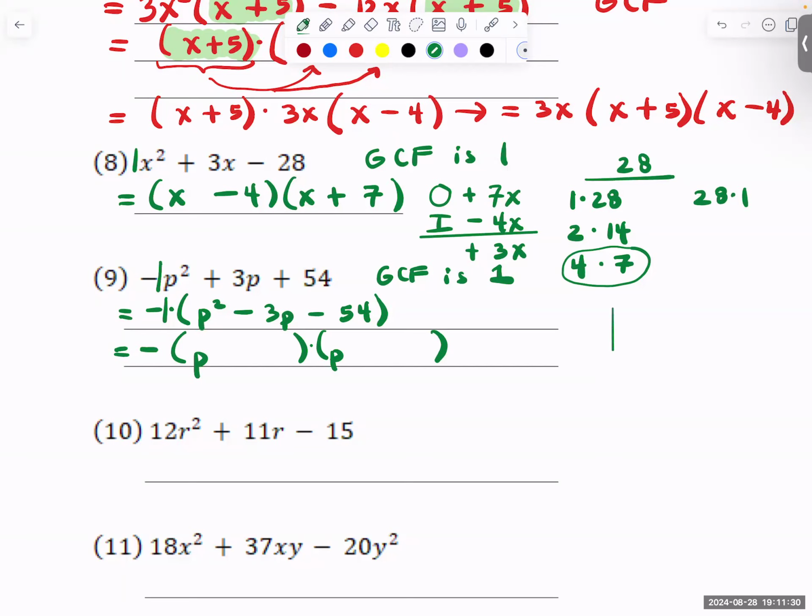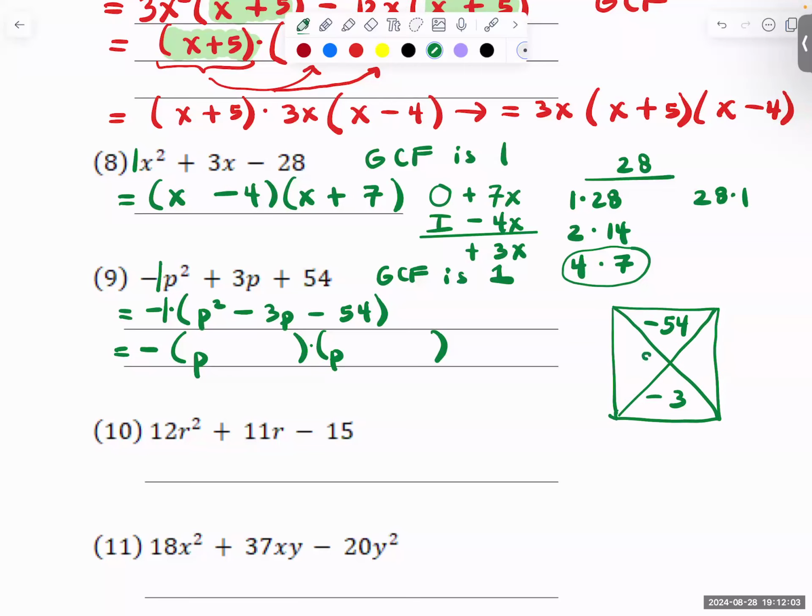So here's a tool which may help. Sometimes it is called the X box method. We have a constant of -54, and the middle coefficient on line 2 is a -3. So this just helps you write out and see as you think of two integer factors of -54, which add to the middle coefficient of -3.